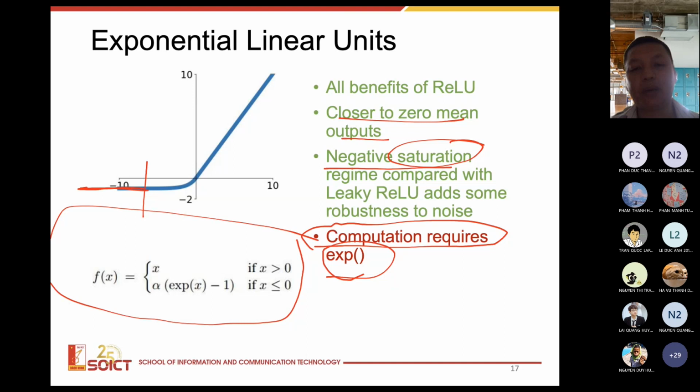But somehow in practice people say that might become an advantage, because having some negative saturation can add some robustness to noisy input for the model.